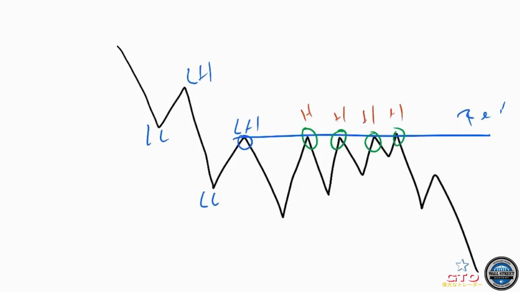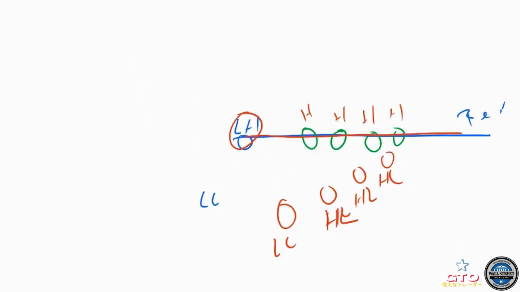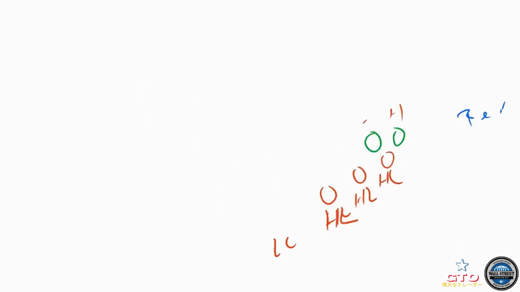Even though on the downside, yes, it made a lower low here, and then it made higher lows. But the downtrend was still being respected because no lower high was broken. When a lower high is broken on a downtrend, structure is broken. When the market breaks a higher low on an uptrend, structure is broken.